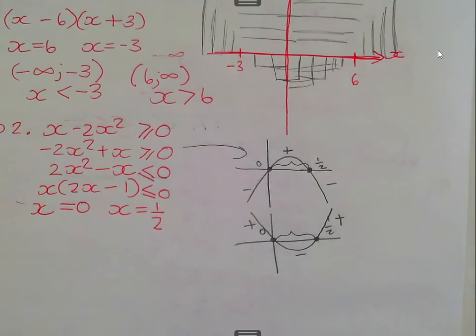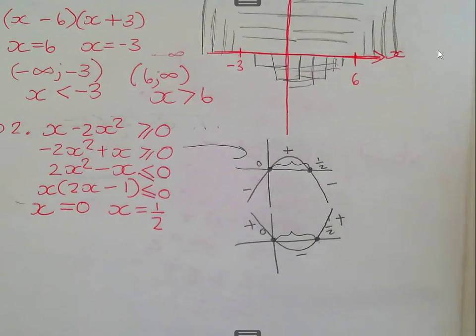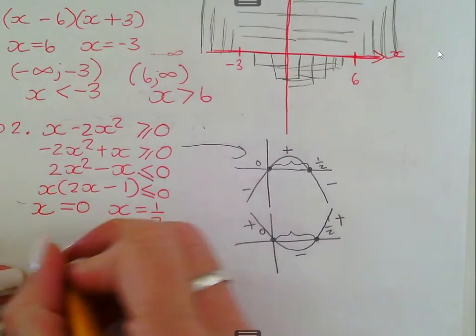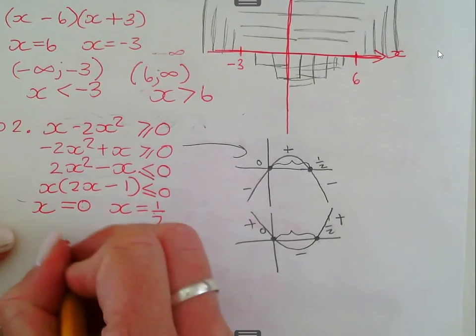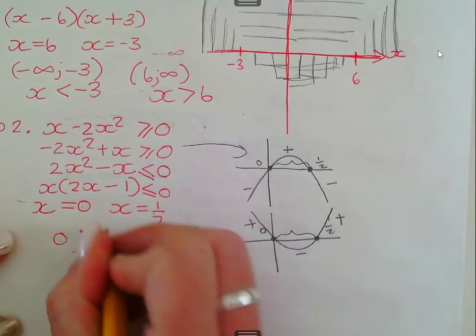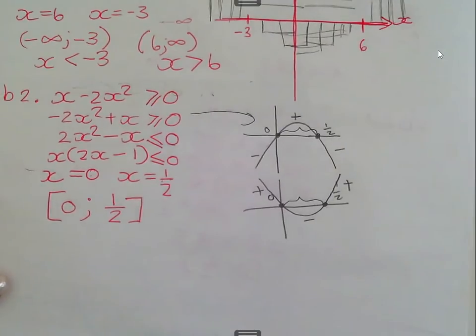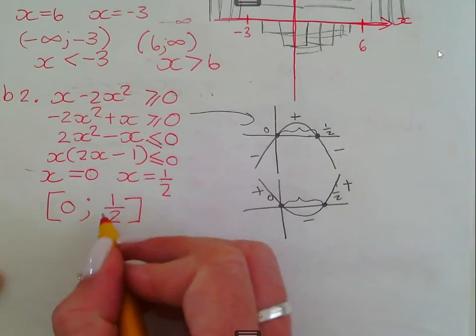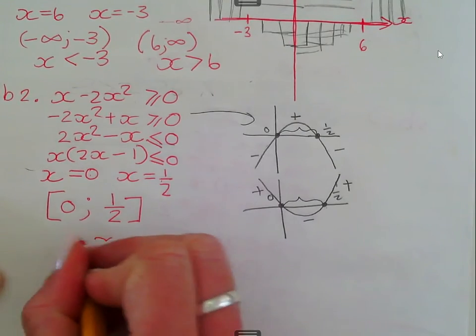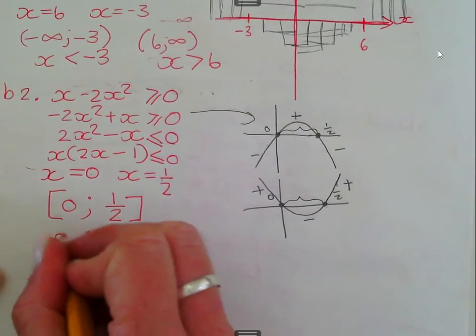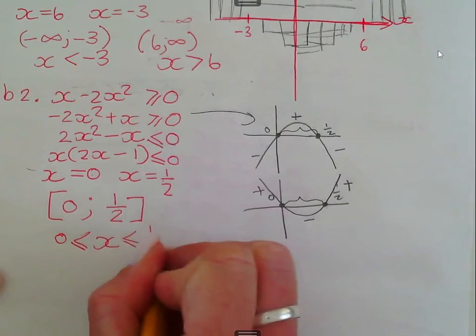So because I'm always going to work with a positive graph, the smaller than, the negative, will always be in between the two intercepts. That's the one notation that you can use, or you can say x greater than or equal to 0, smaller than or equal to a half.